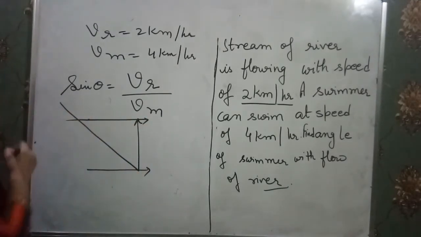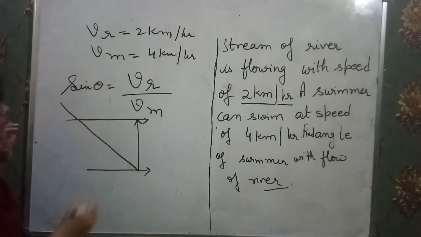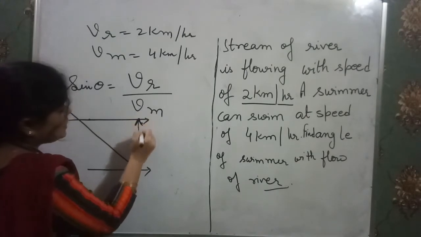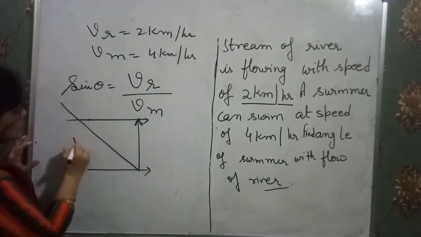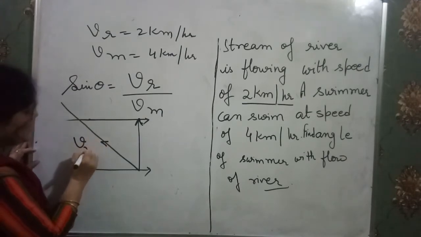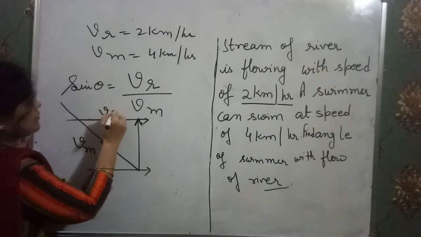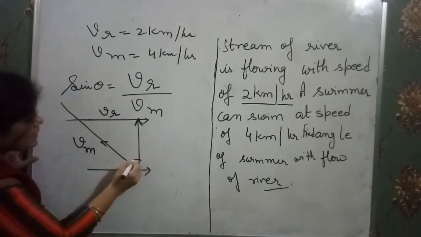Clear? Then, because of the direction of flow of river, he crosses the river straight. That means this is the direction in which the man swims. This is the velocity of the man. And this is the velocity of river. So this is the angle theta.